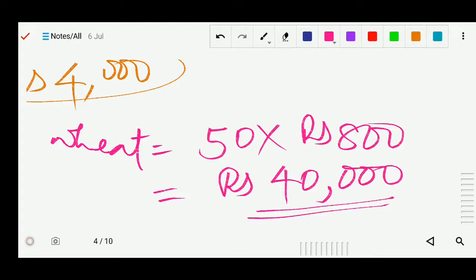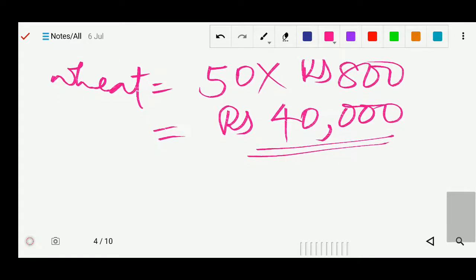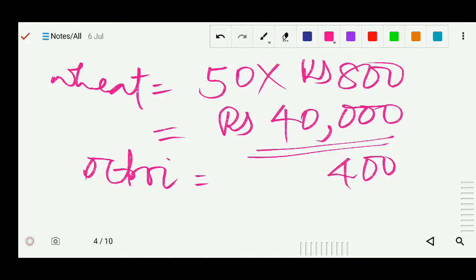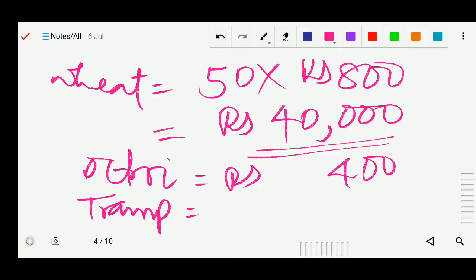Now in this 40,000, he also paid some charges: 400 for octroi. So add it here, 400, and again for the transportation also. The charge for the transportation was 600.